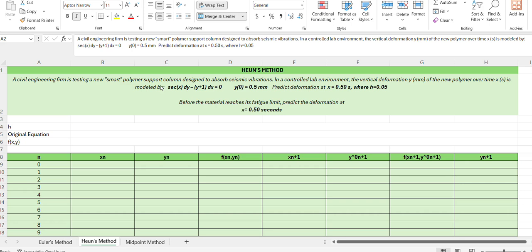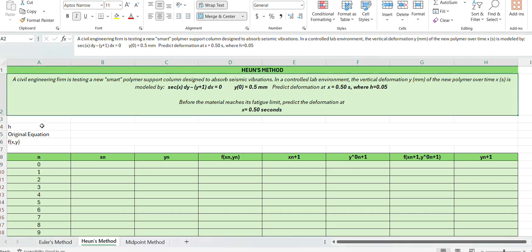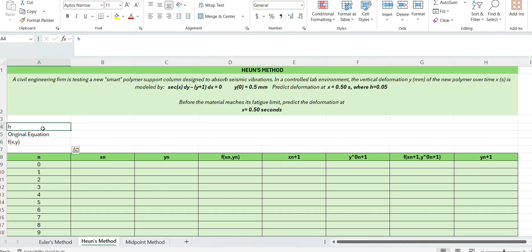First, we must establish these three: the increment, the original equation, and the function.